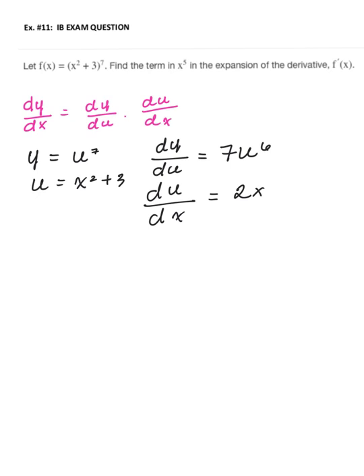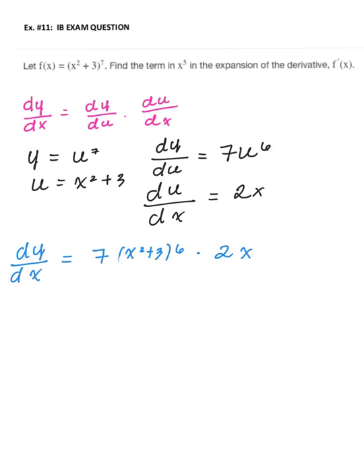So now I'm going to list out that derivative. dy over dx is equal to 7 times, u is x squared plus 3, 7 times (x squared plus 3) to the 6th times 2x. Right. Okay. Question so far.